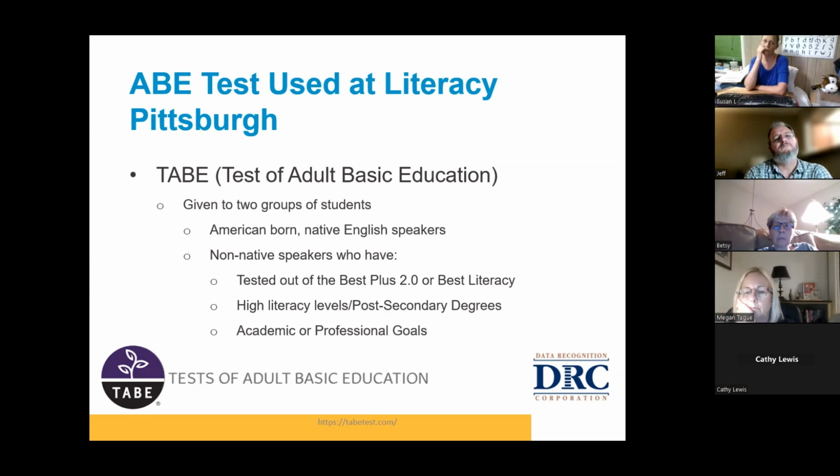So this is what most of our students that test out of the Best Plus end up going to immediately instead of the Best Literacy, because many of our high-level English speakers have that post-secondary degree from their country and a high literacy level. So we're not giving them the Best Literacy.